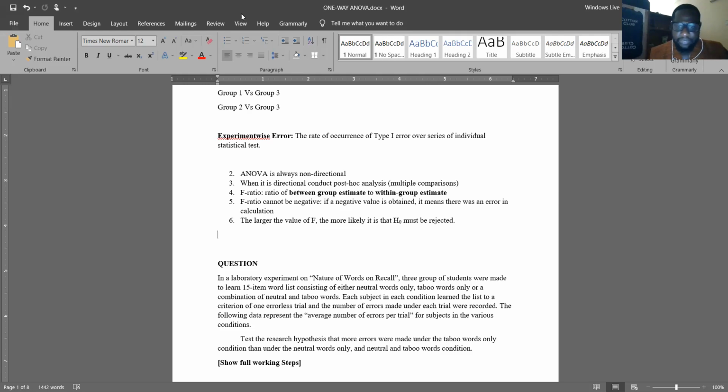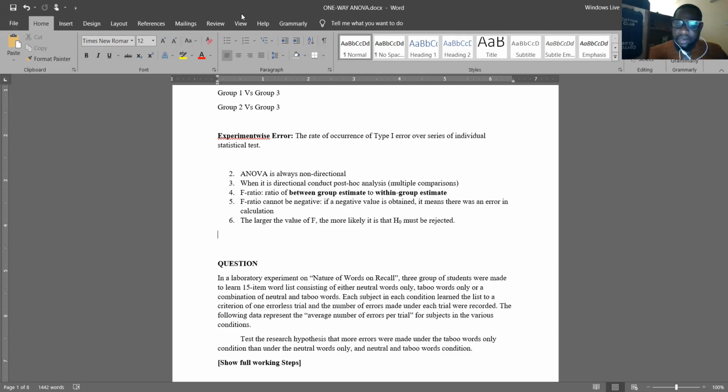Each student in each condition learned the list to a criterion of errorless trial, and the number of errors made under each trial were recorded. The following data represent the average number of errors per trial for subjects in the various conditions.